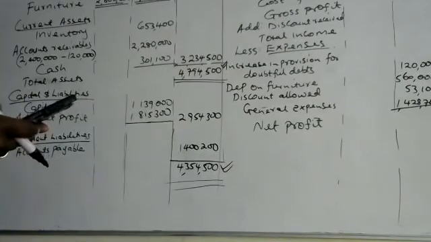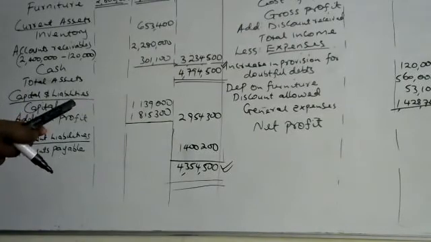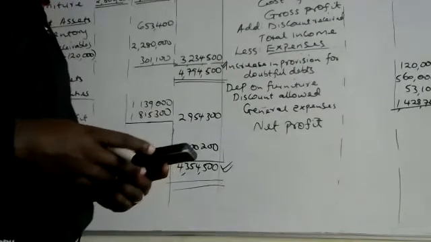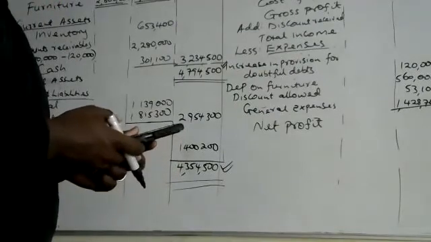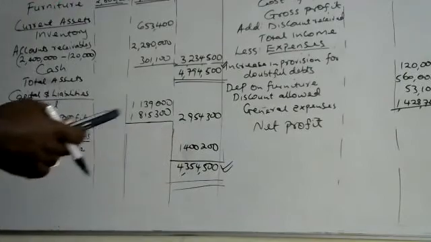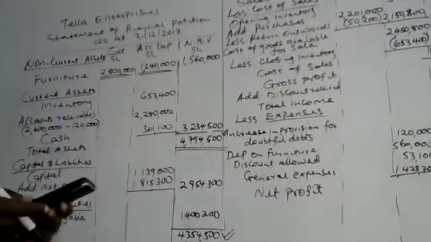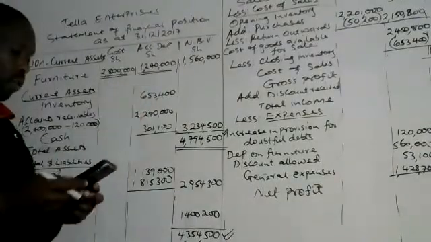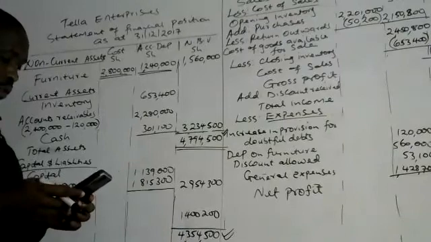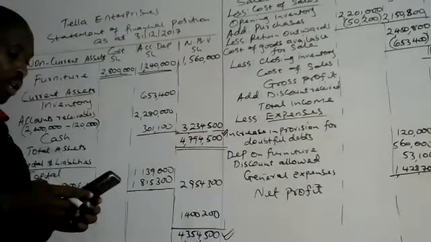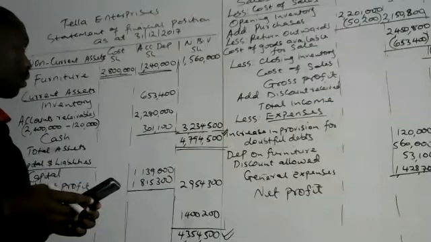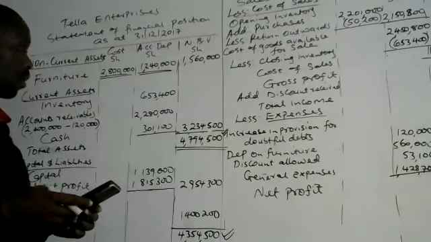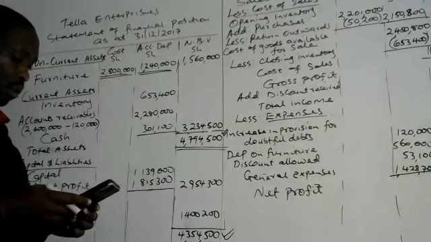Mwalimu, I think I've found an error on this net book value. We indicated 1,560,000, and you had said net book value is the cost minus accumulated depreciation. So when you do that, cost minus the accumulated, there's this figure that we've been given on the question, 1,120,000.